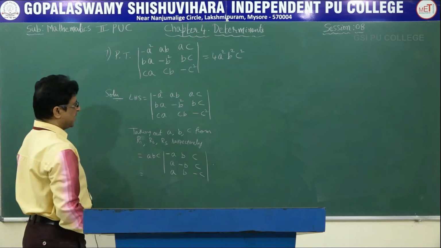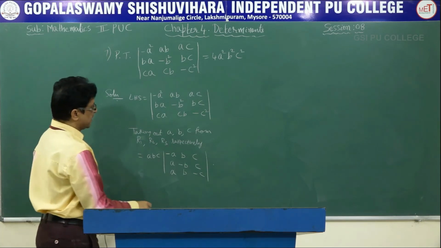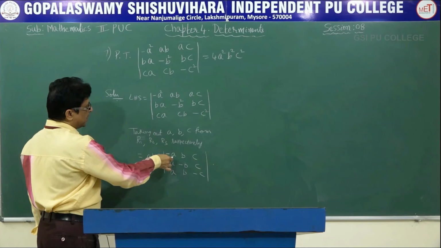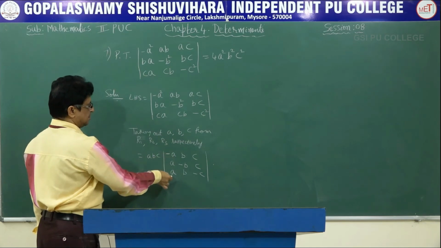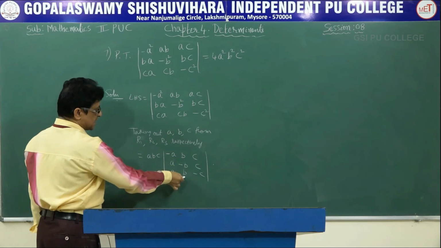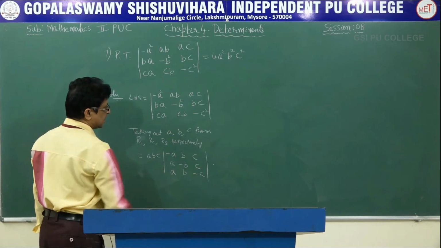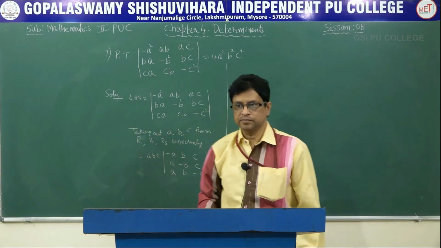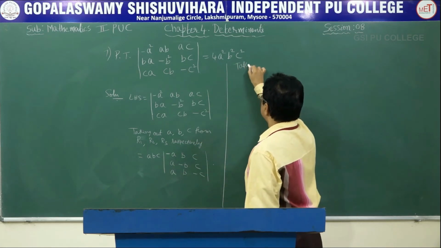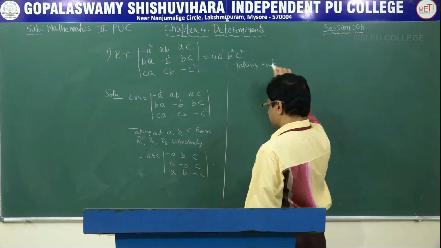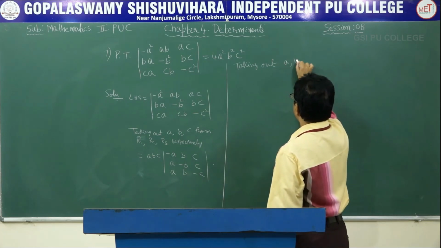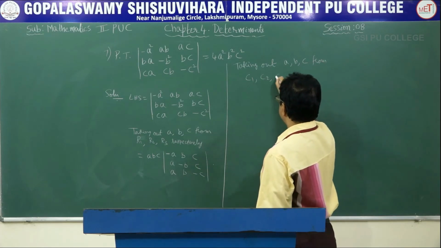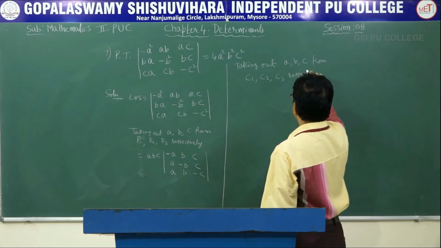So, that will be equal to, see, next step is, if you observe column wise, here A is common in the first column, B is common in the second column and C is common in the third column. So, taking out A, B, C from C1, C2, C3 respectively.